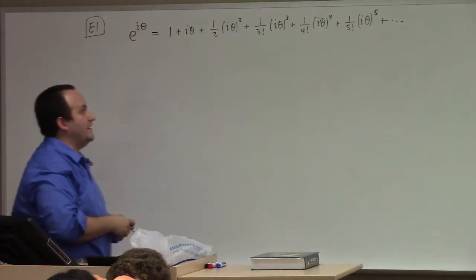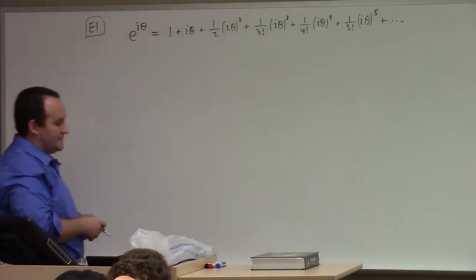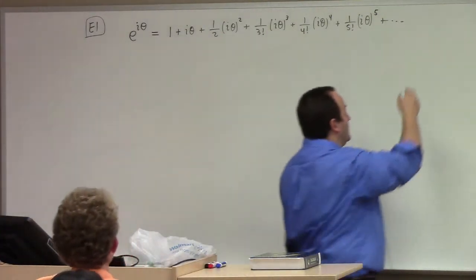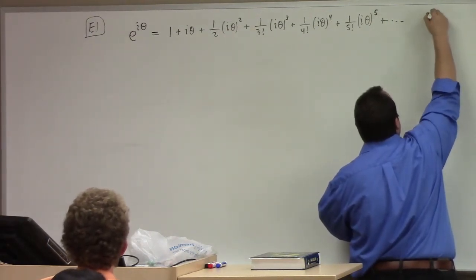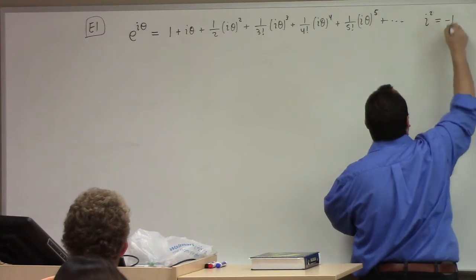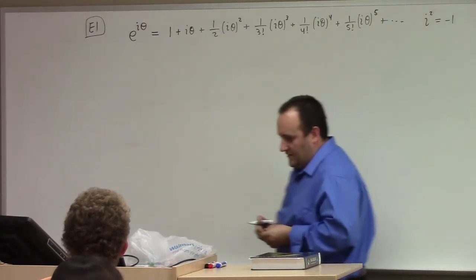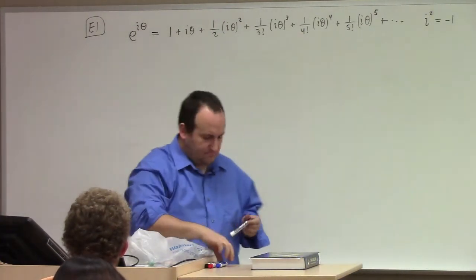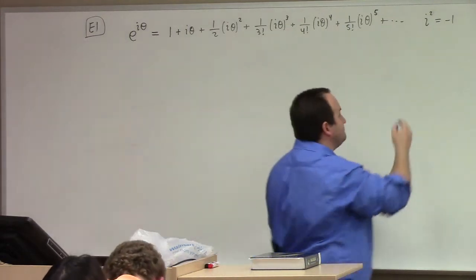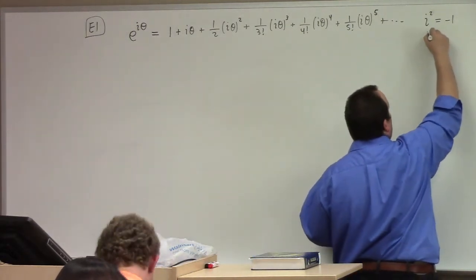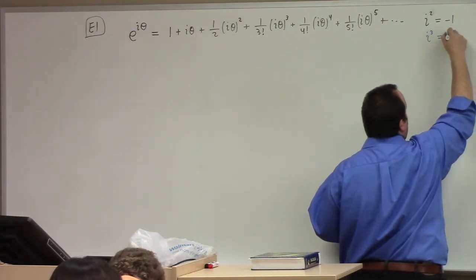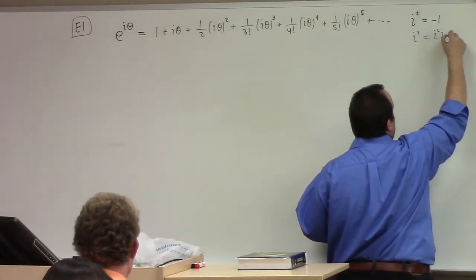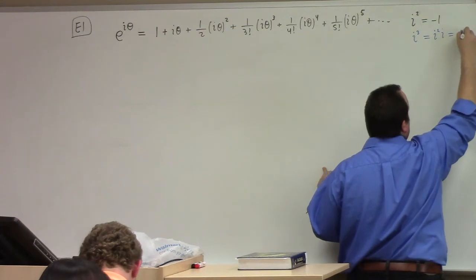Here i squared is minus 1, right? So if i squared is minus 1, what's i cubed? It's i squared times i, which is minus i, right?